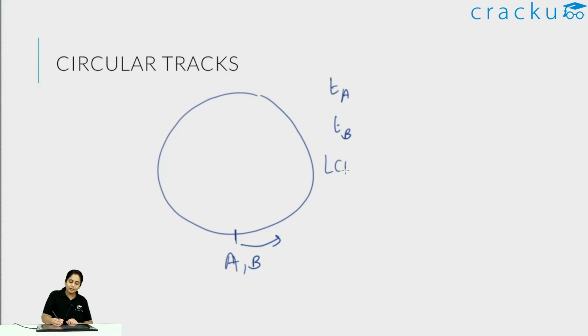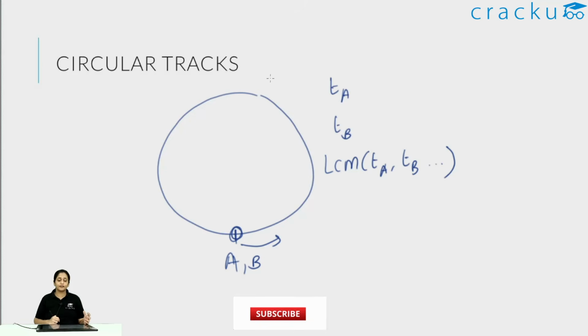The LCM of these times, TA, TB, etc. will give you the time at which all of them arrive at the starting point, which would be the first time that they meet at the starting point. But that is not necessarily the first time they meet. The first time they meet is somewhere around this track. So how do you find out when they meet for the first time? This gives you the time taken to meet at the starting point for the first time.